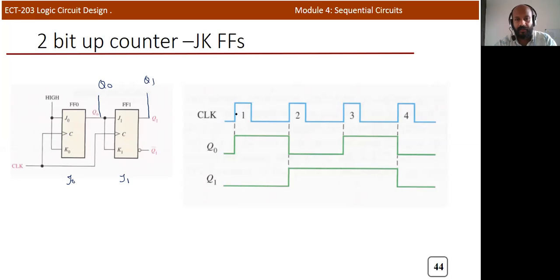Now we can verify the output. This is a positive edge triggered clock. We know this is the Q0 output.